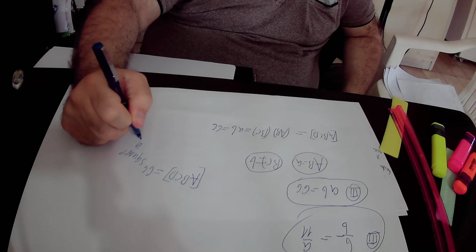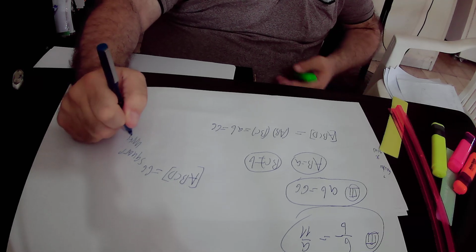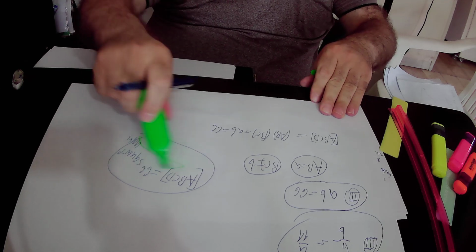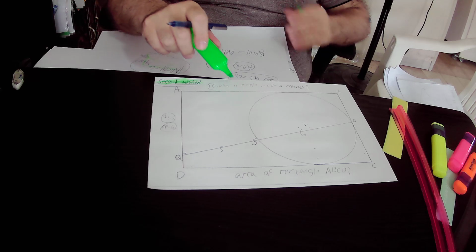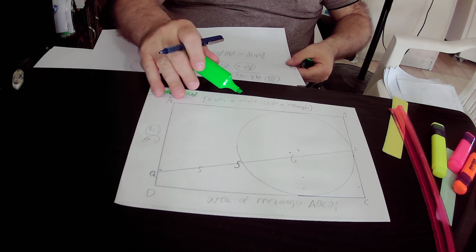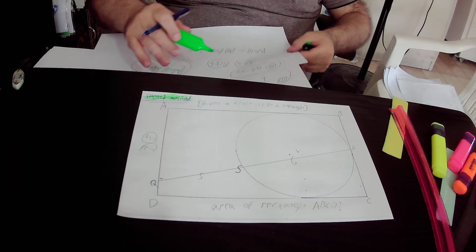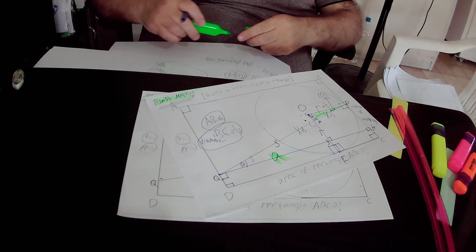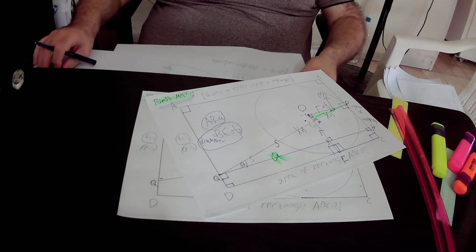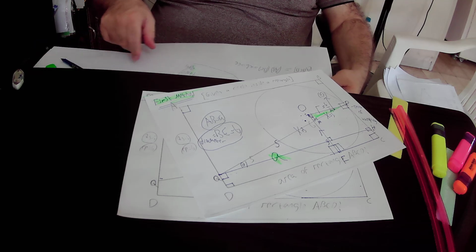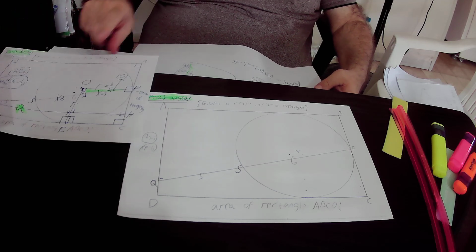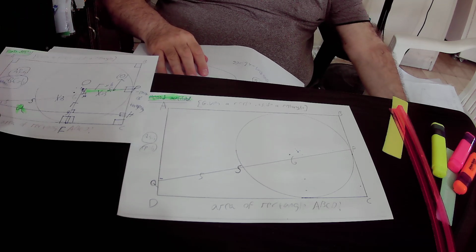Okay, here the area of this rectangle ABCD equals 66 square units. We finished with the first method. In the next step, I present to you how to find the area of this rectangle ABCD using the second method.